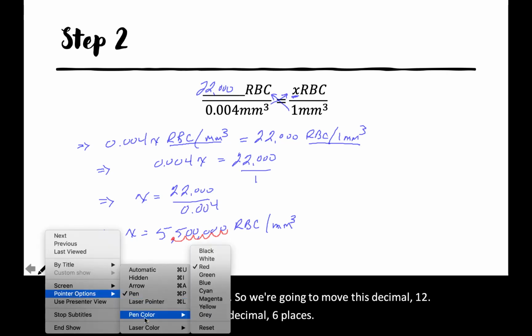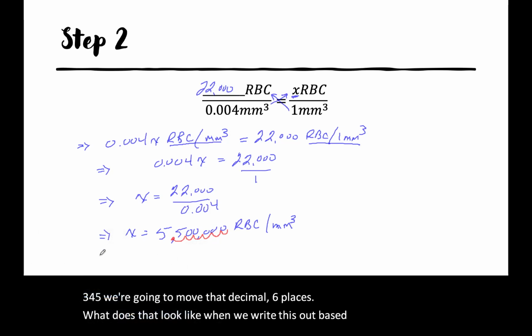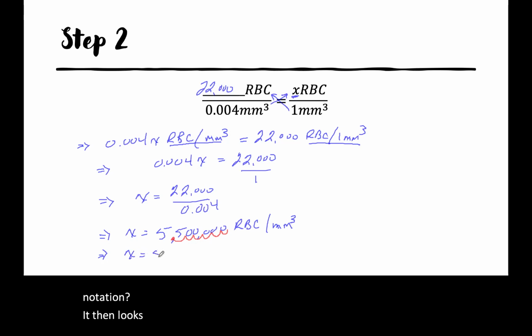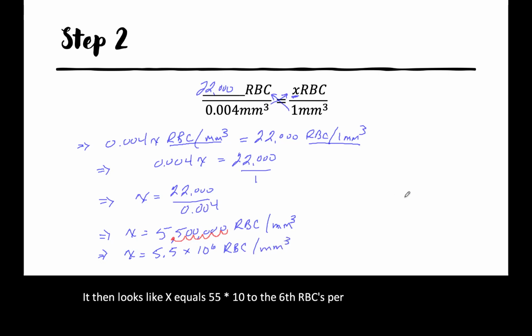And what does that look like when we write this out in scientific notation? It then looks like x equals 5.5 times 10 to the 6th RBCs per millimeter cubed. And that is how we solve for our total red blood cell count.